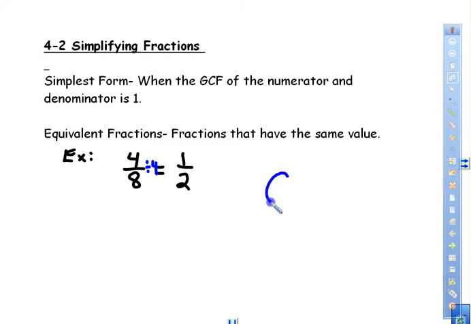For example, if you have a pizza and it is cut in half, we have 1 out of a possible 2 shaded. I did that wrong.